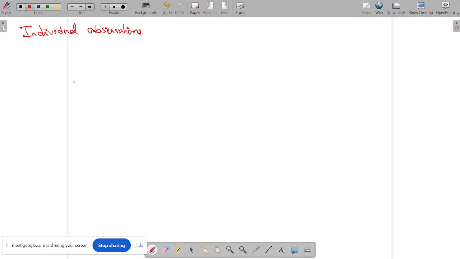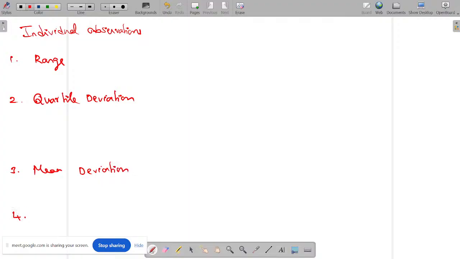Under individual observation, we have four measures: one is range, another one is quartile deviation, another one is mean deviation, and the fourth one is standard deviation. So we have these four measures.